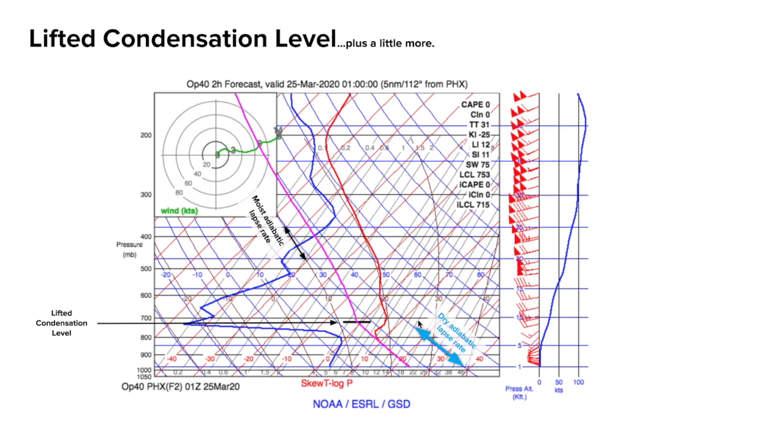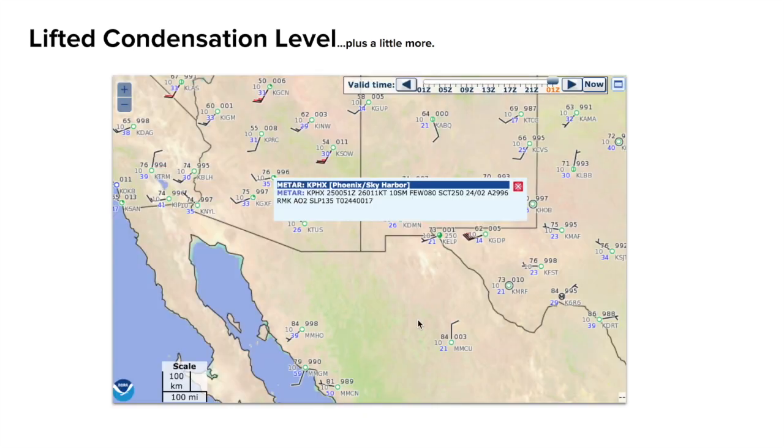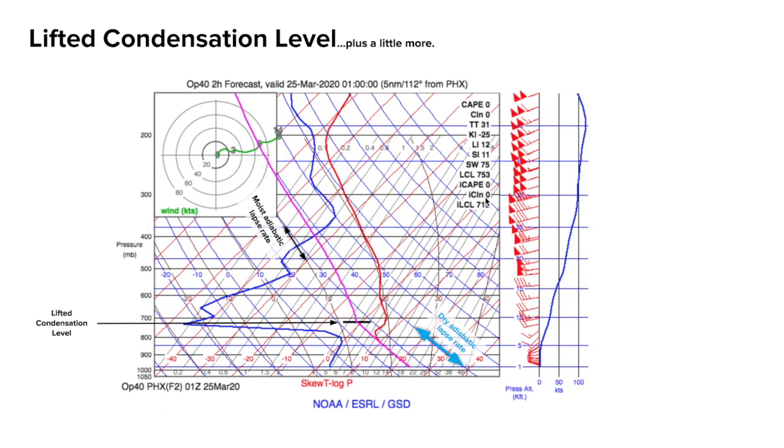So we'll go to the next page here and see what the associated PIREP was. We can see for the given time, the 25th, at 0051 Zulu, we had few clouds at 8,000 and scattered at 25,000. Also of note, the temperature and dew point, 24 degrees C and 2 degrees C. So what did we say earlier?